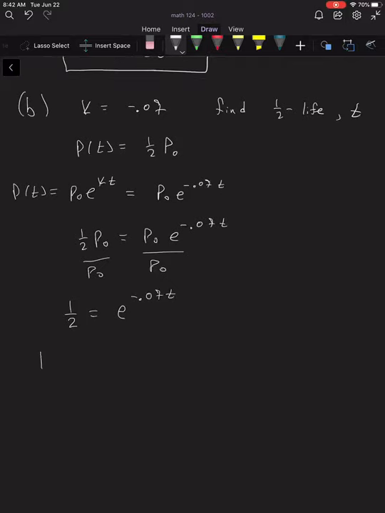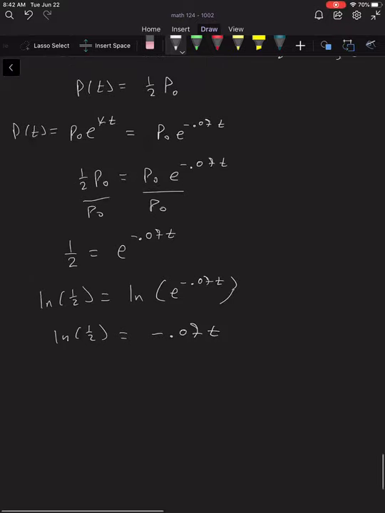Take the natural log of both sides. The left-hand side stays the same, natural log of 1/2. The right-hand side simplifies into minus 0.07 times t.